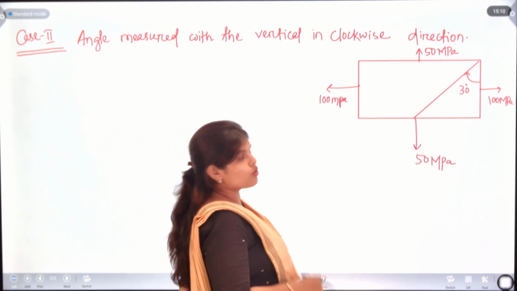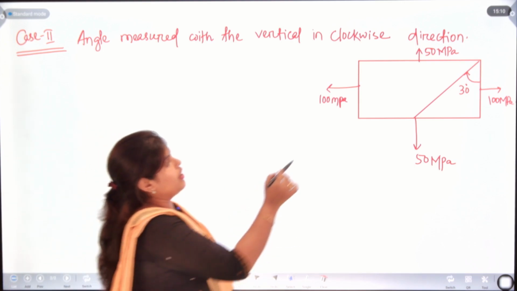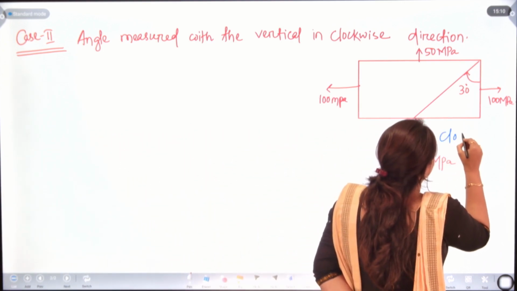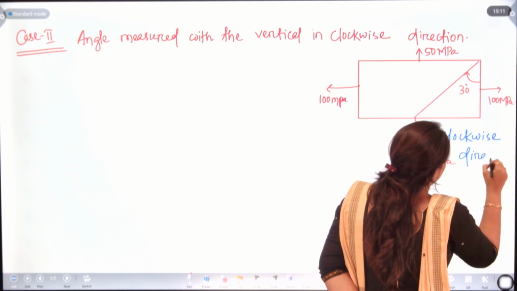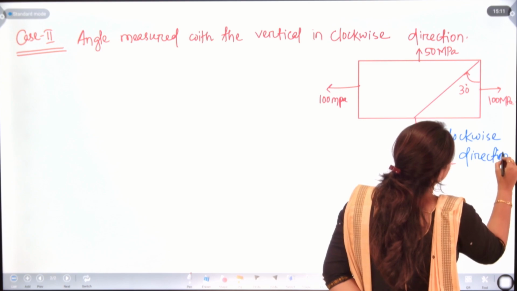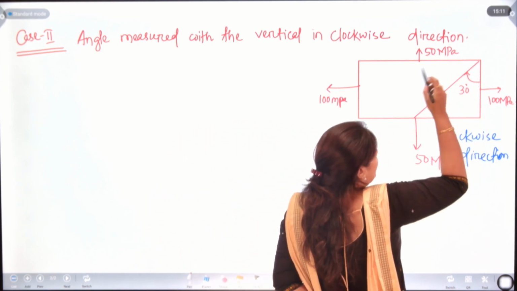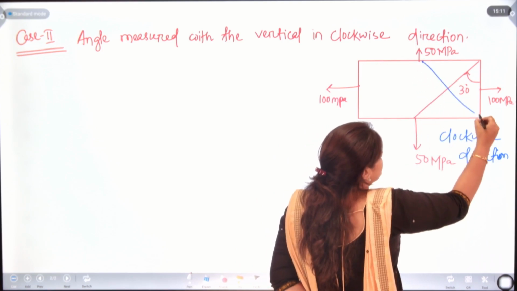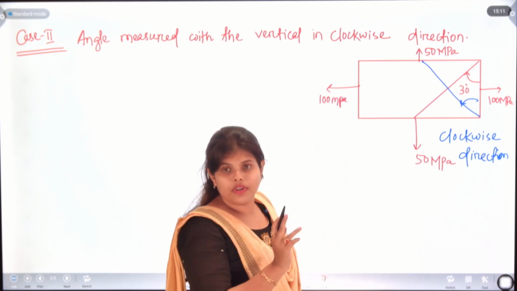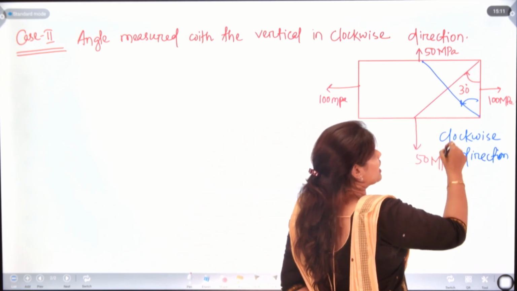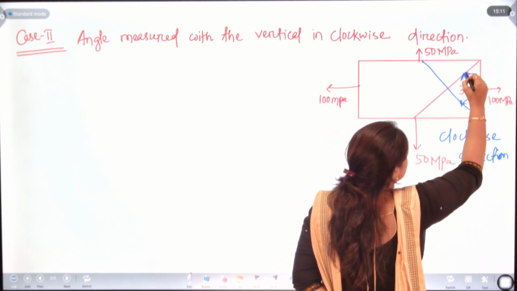If there is a question where the angle is clockwise direction to the vertical, in that case we have taken the angle here in this manner. So that is for anti-clockwise. If the question asks for clockwise direction, we will draw the angle in this way.